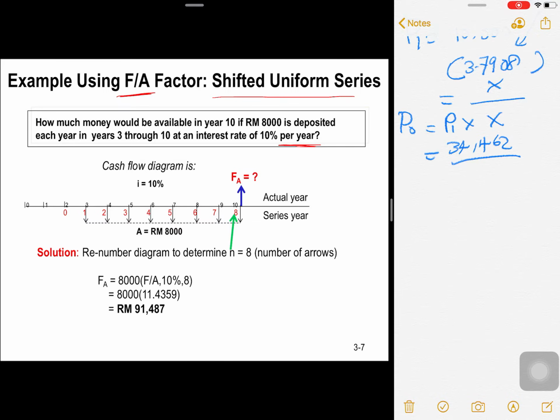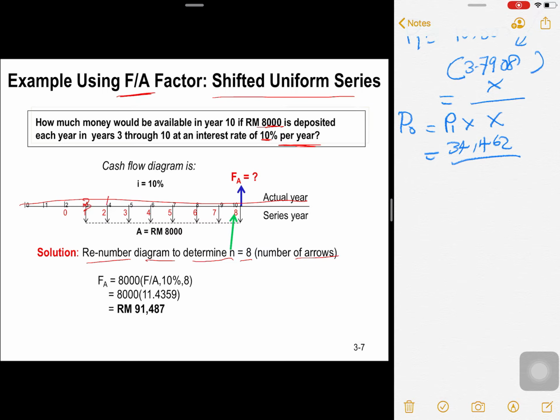So the money came in at year 3, until 10. The interest rate is 10%, A equals to 8,000. They want to know the future value of the money if 8,000 is deposited. In the cash flow diagram, it is good to renumber the diagram to determine the n value, the number of arrows.